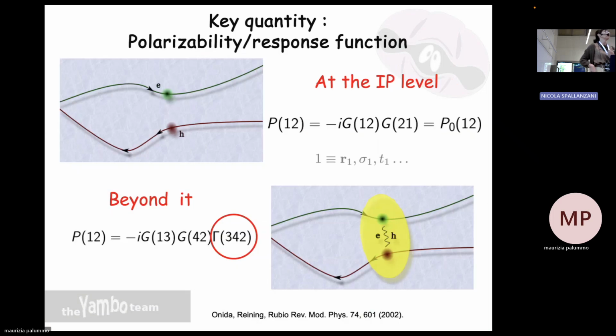So what we have to do is go beyond the independent particle level and include the interaction, which, as you will see, means including the gamma vectors in the equation. And this will give us, as shown in the next slide, the equation for the correlated propagation of electron and hole through the interaction.